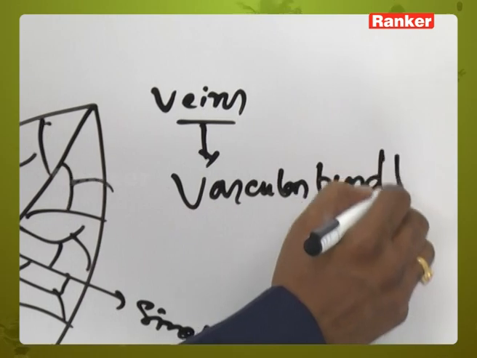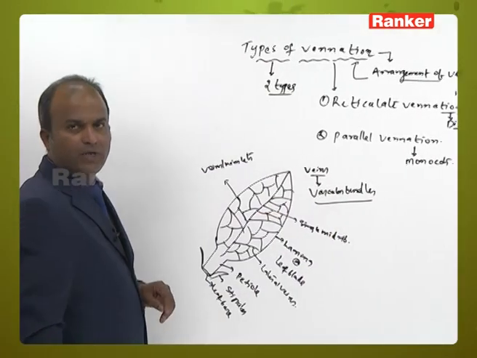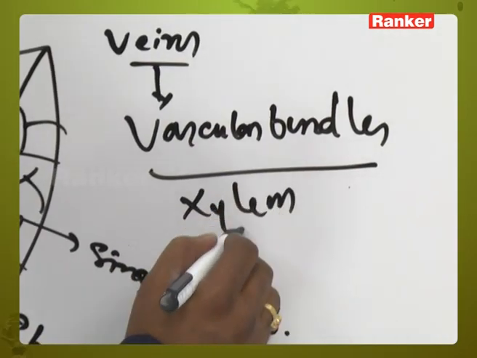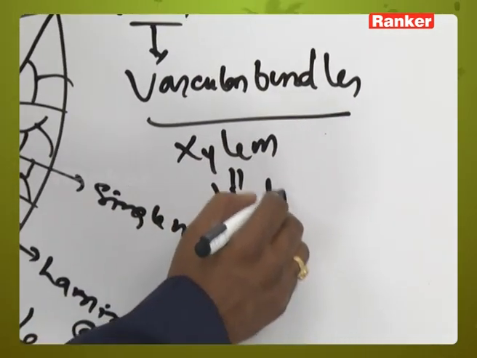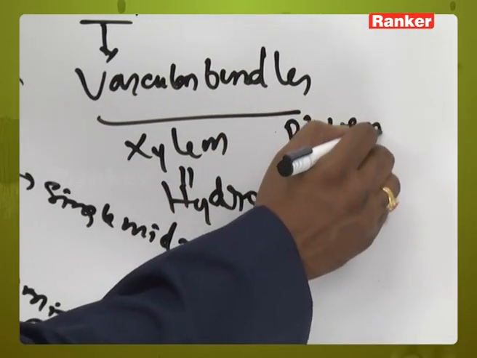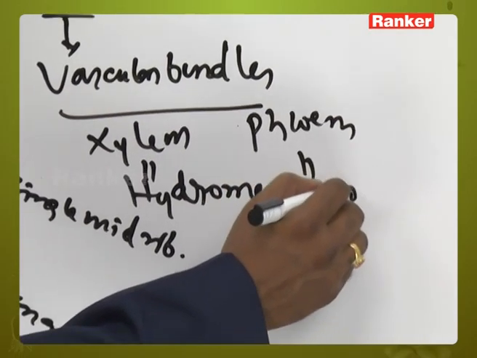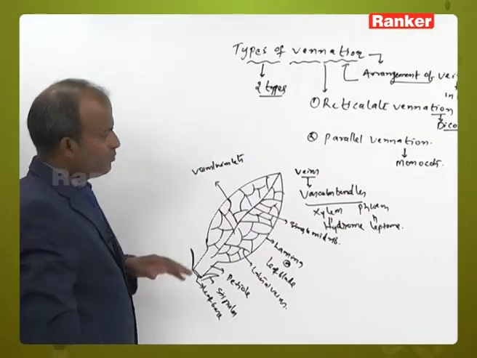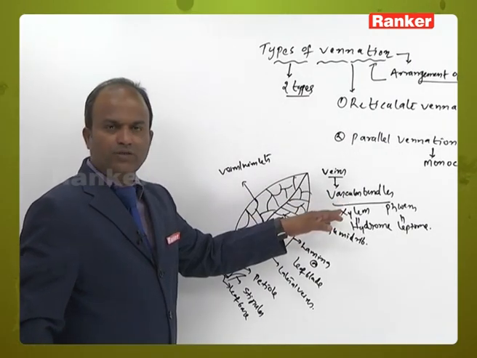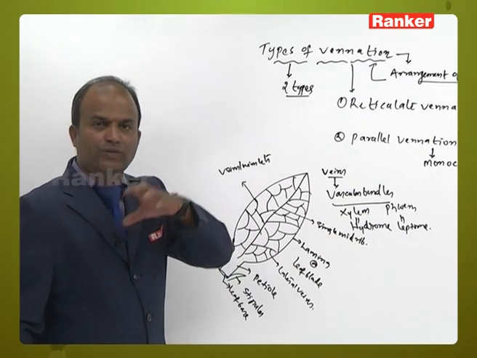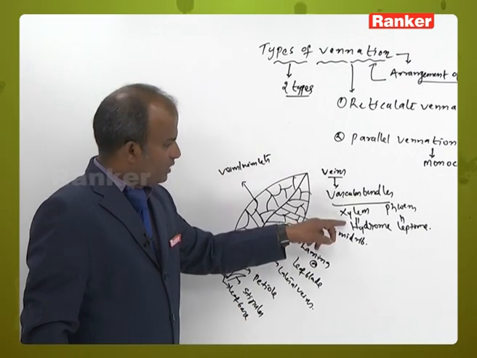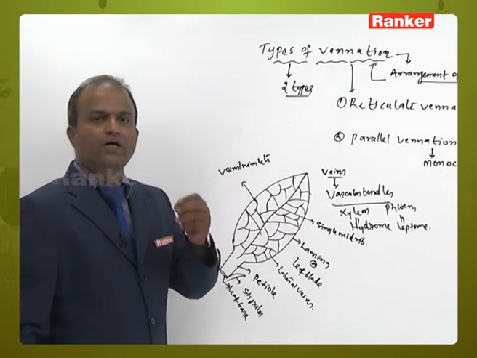The veins show xylem, which is hydrome, and phloem, which is leptome. These veins are vascular bundles which play an important role in the transport of water and minerals from the stem to the leaf. That is performed by xylem, whose other name is hydrome.